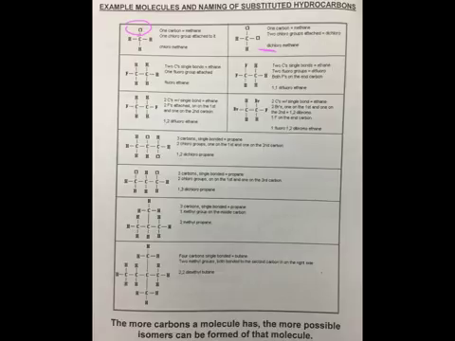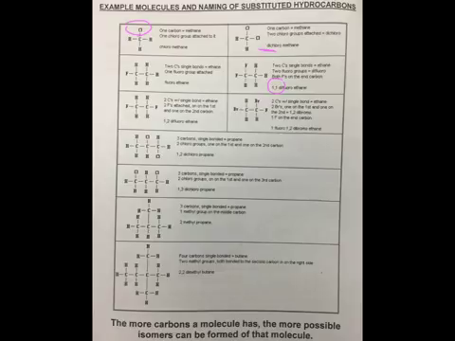These are both on the first carbon, so we say 1,1, which gives us the location of both of the fluorines.